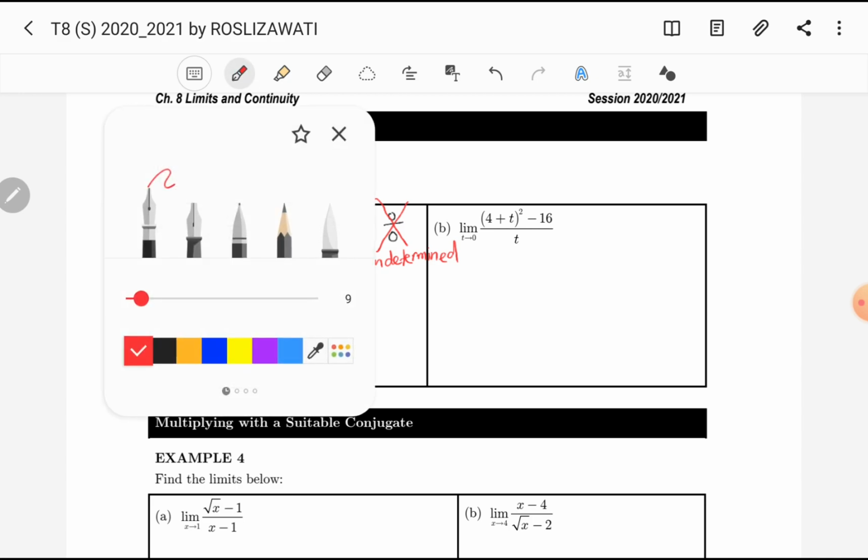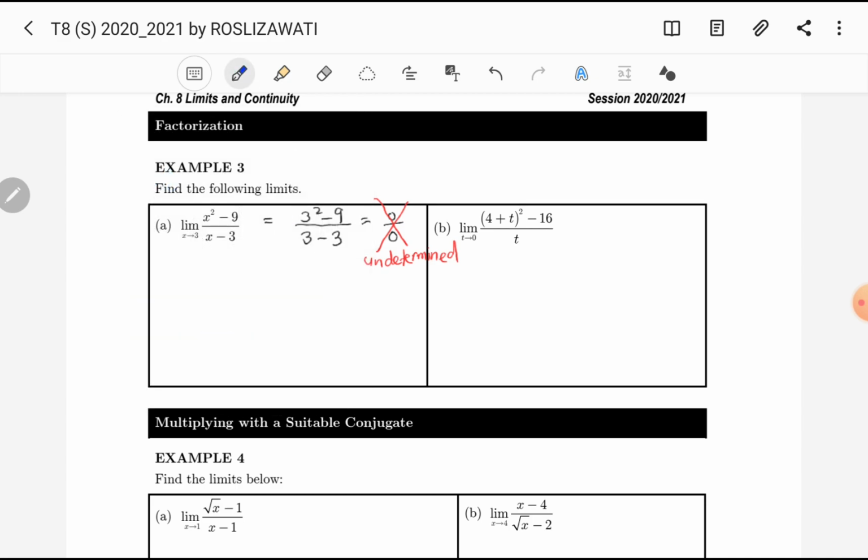So for this case, we will factorize. Why factorize? Because this function has no square root, it is not related to a square root. So limit, x squared minus 9 can be written as x plus 3, x minus 3 divided by x minus 3 as x approaches 3.